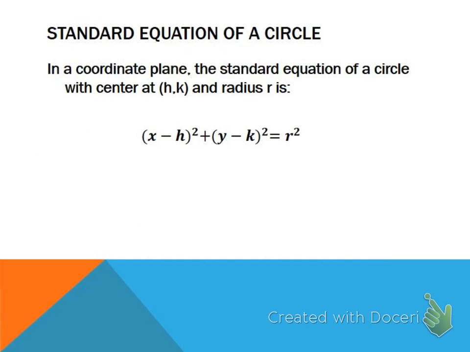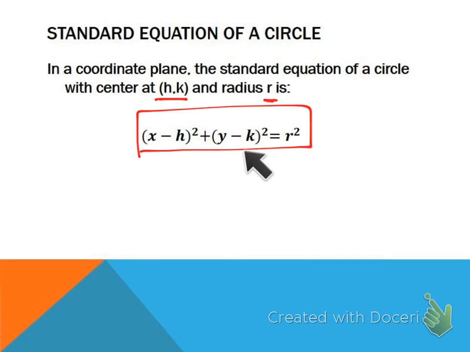So here's our standard equation of a circle. You'll see it looks just a little bit different. In a coordinate plane, the standard equation of a circle with a center at h, comma, k, where h and k just represent numbers, and radius r, is (x minus h) squared plus (y minus k) squared is equal to r squared.